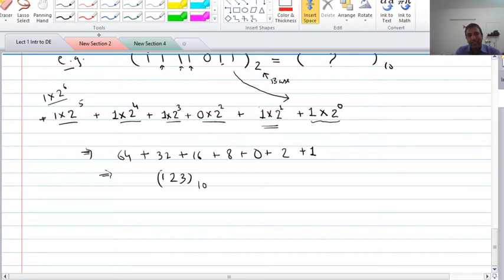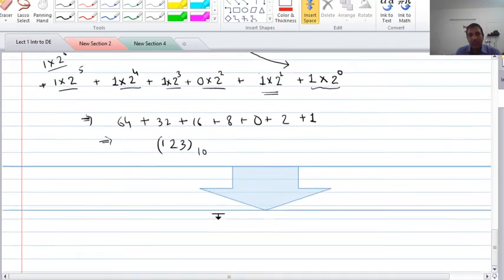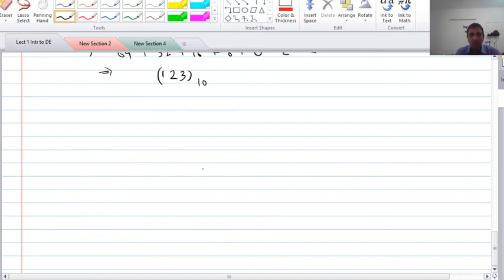However, what about fractional numbers? Take another example, Example 2. If you want to convert a number 45.25, let us suppose this number in decimal, and we want to convert it into its equivalent binary form, we have to take 2 steps.